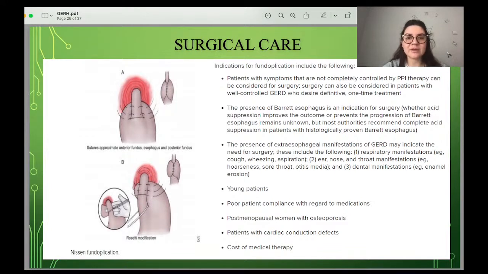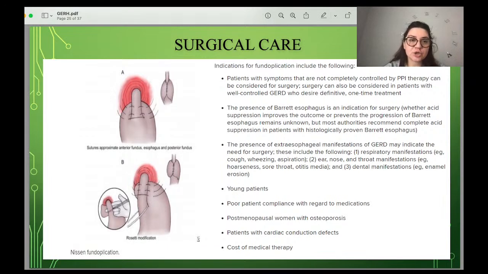But most authorities recommend complete acid suppression in patients with histologically proven Barrett esophagus. The presence of esophageal manifestations of GERD may indicate the need for surgery. These include the following. First, respiratory manifestations like cough with aspiration; ear, nose, and throat manifestations like, for example, hoarseness, sore throat, otitis media; and dental manifestations, for example, enamel erosion.